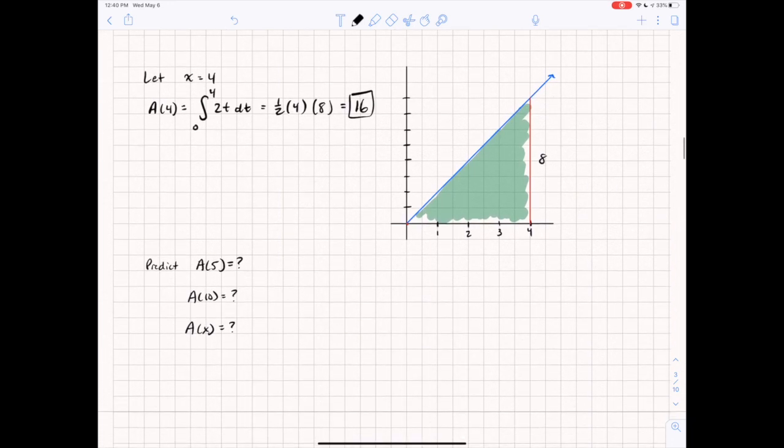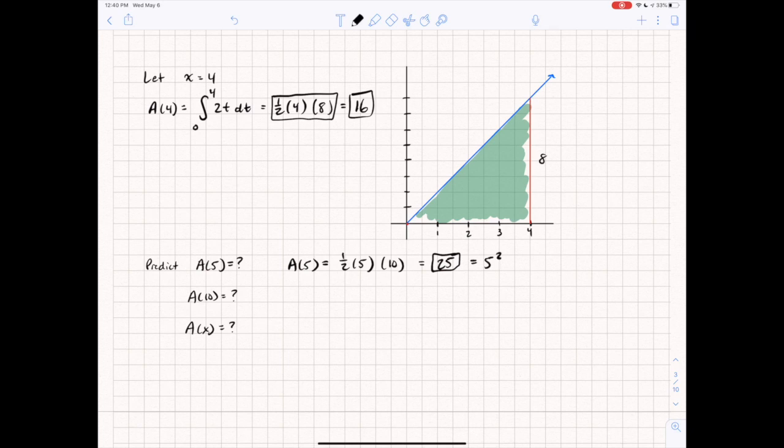So what do you think we would get if I did 5 for x? Well, if you're following the pattern, if I was to think about the equation, then a of 5 calculated would probably be 1/2 times 5 times 2 times 5, which is 10. And if I calculated this, this would be 50 divided by 2, or 25.